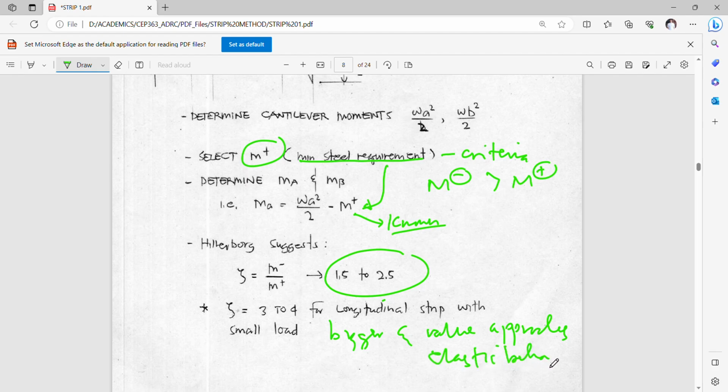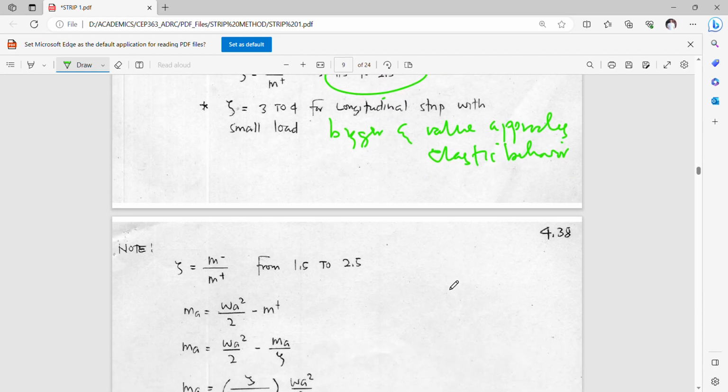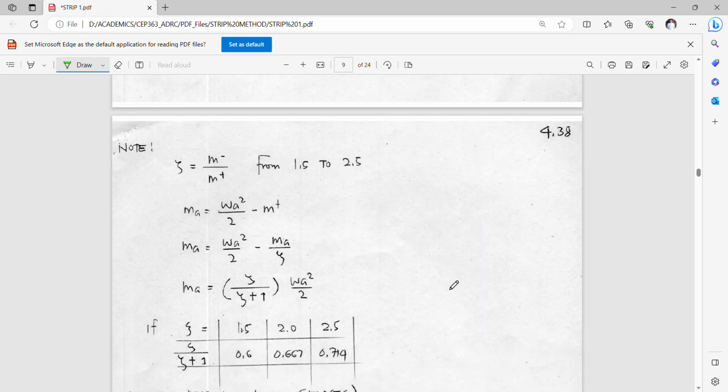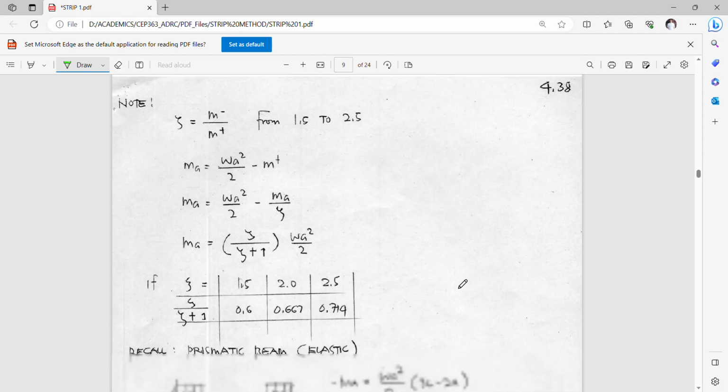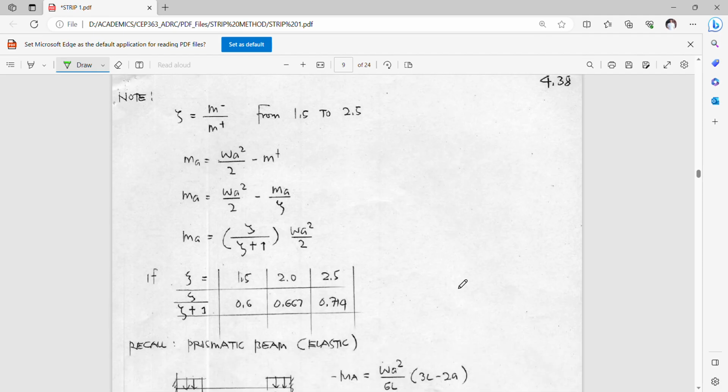And we don't want that to happen because we are studying here at least a limit analysis, which is more or less having load capacities beyond the range of the elastic. So note that if we tag M negative over M positive from 1.5 to 2.5, then you can make use of this table, taking into consideration that your M positive here is simply MA over C.